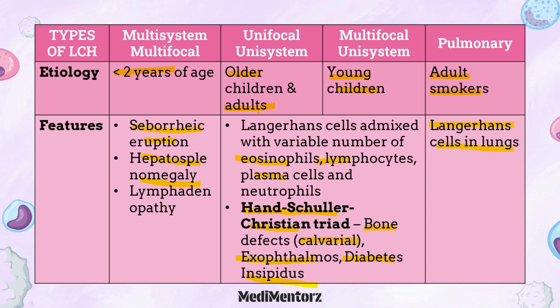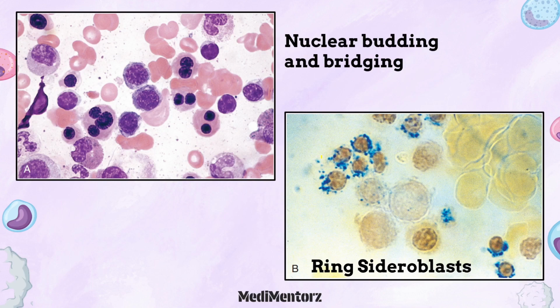On summarizing the topic, myelodysplastic syndrome shows characteristic dyserythropoiesis, dysmyelopoiesis, and dysmegakaryopoiesis. The dyserythropoiesis shows the presence of immature erythroblast cells, nuclear budding and bridging, nucleated RBCs, and the presence of ring sideroblasts, which are stained by Prussian blue stain.